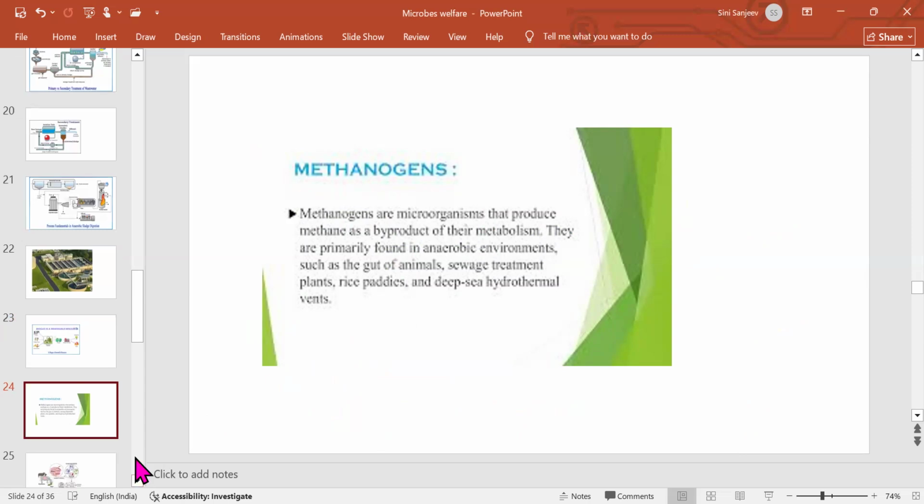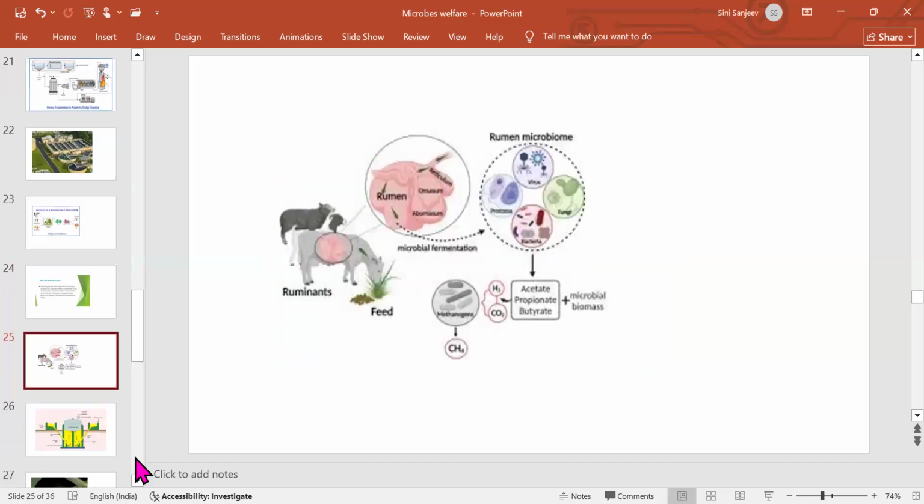So where do you find them? In the gut of animals, sewage treatment plants, rice paddies, hydrothermal vents. In anaerobic environments you can find these methanogens.